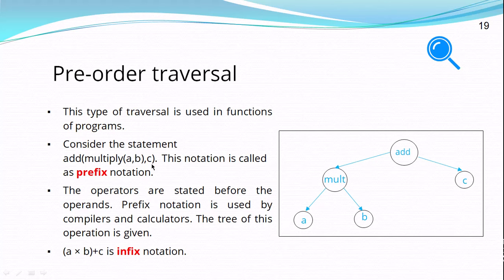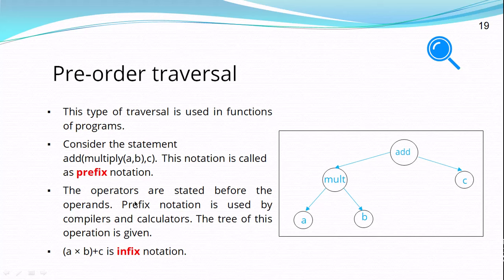I can actually represent that by means of putting the main operator, which is add, as the root, and on the left branch I'm going to write the operator multiply, which you find here, with its two parameters, two arguments, A and B. So I'm adding whatever this expression gives me to C. So the operators are stated before the operands, before the actual parameters that you're passing to the operators.